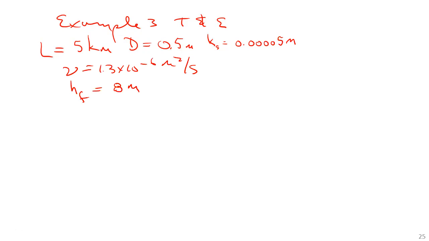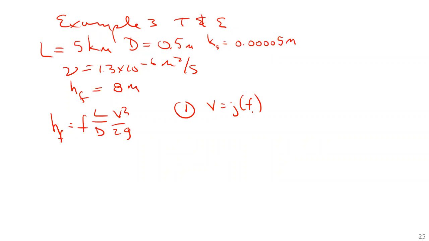And what we would say from our energy balance, h_f is f L over D, V squared over 2g. And from that equation, again, the first step, from the energy equation, we want to get velocity as a function of friction factor. That's this equation.